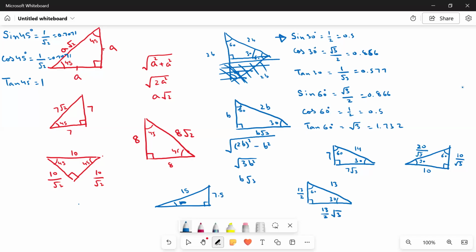Now you immediately say that this is 15, this is half of it. So this angle must be 30 degrees. And if this angle is 30 degrees, then this must be 60 degrees. And if it is 60 degrees, 30 degrees, and this is 7.5, then this side must be 7.5 times root 3.